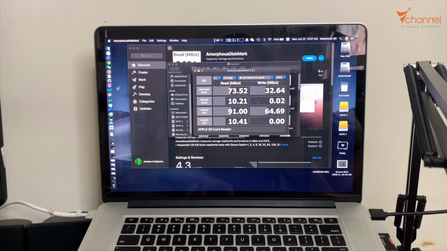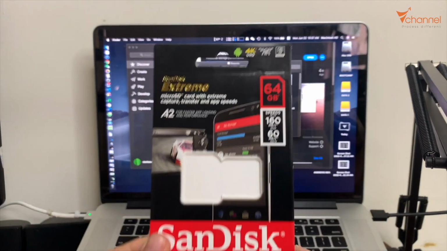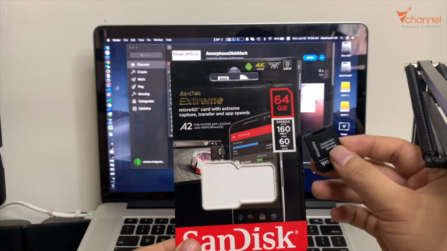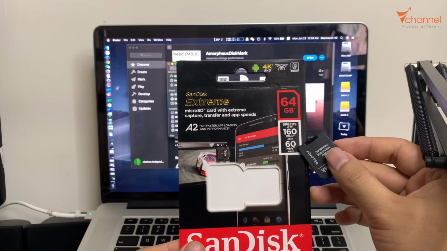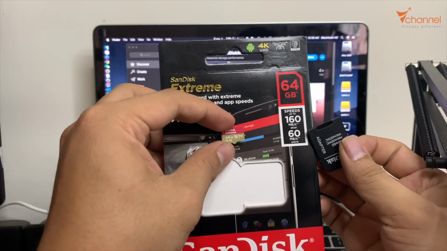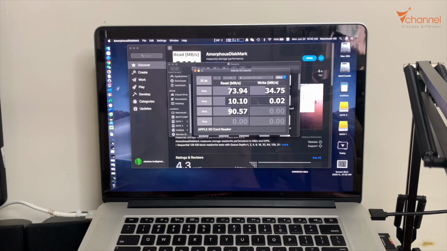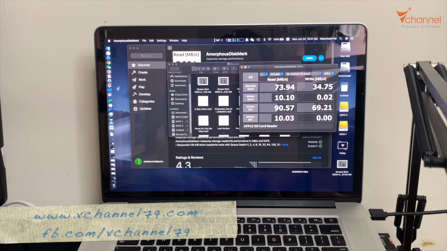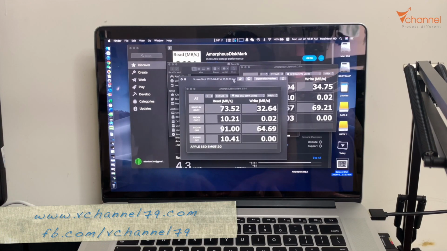Next is 64 gig U3 V30, can reach 160 read speed and 60 megabyte per second write speed. Okay, very good, but it does not reach 160 megabyte per second read speed in this test, but it's good as well. Next is 128 gig U3 V30, 160 read speed, very high. Okay, we have a similar result at 32 and 64 gig.